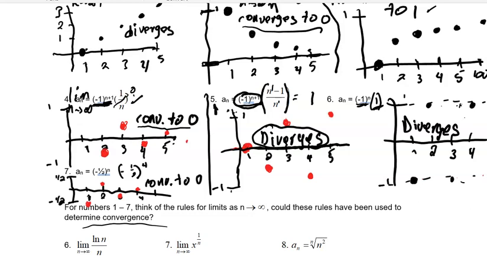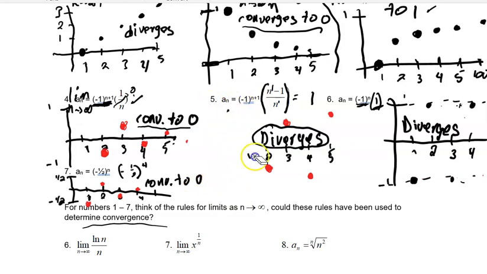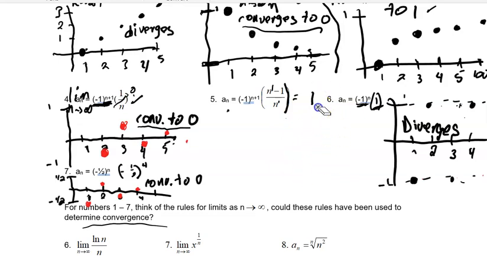Okay. The last one, I want to have you rewrite this a little bit. So let me create some space for you to do that, or at least see what I'm doing. I'm going to have you rewrite number 7 this way.